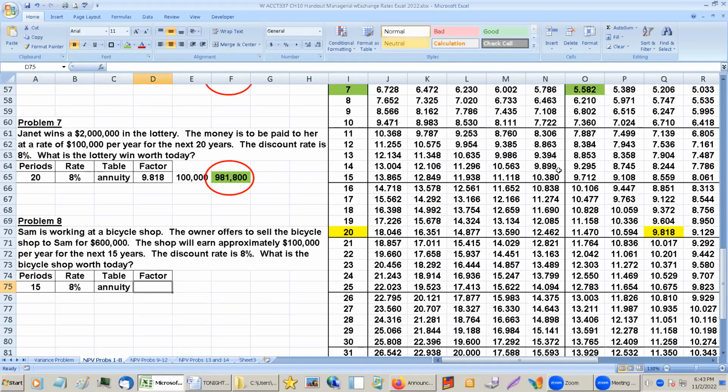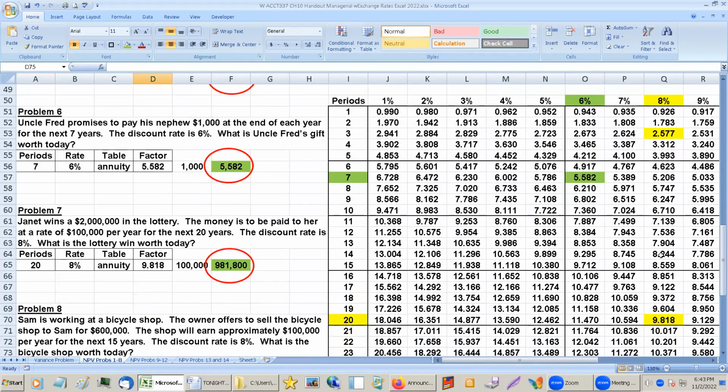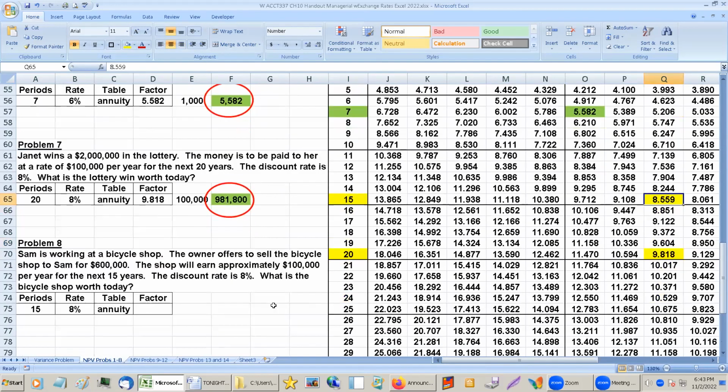Okay, so 8% for 15 years. Okay. 8.559. Ooh, whoa.